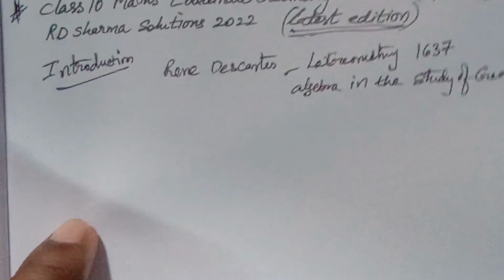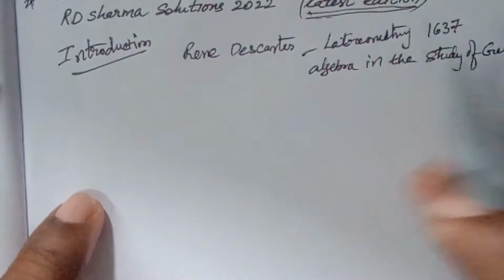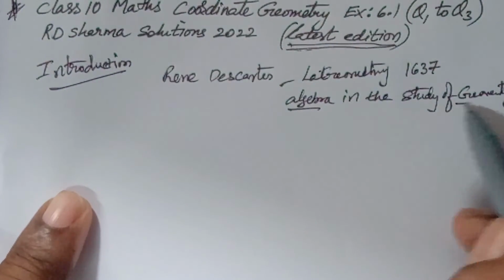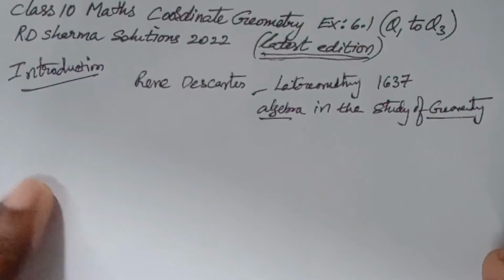So algebra in geometry we call coordinate geometry.